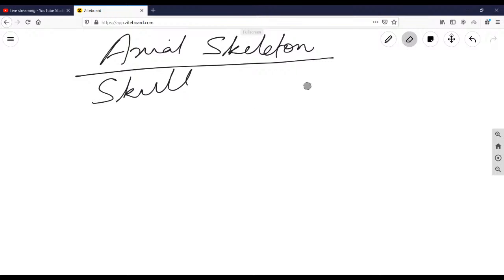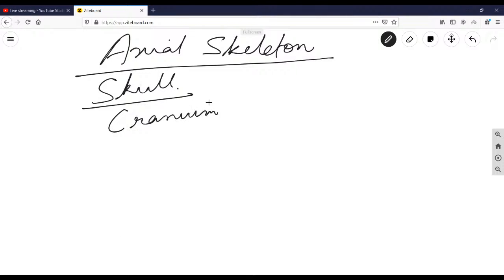Under the skull you have something known as the cranium. How many bones are there in the cranium? The cranium has 8 bones.